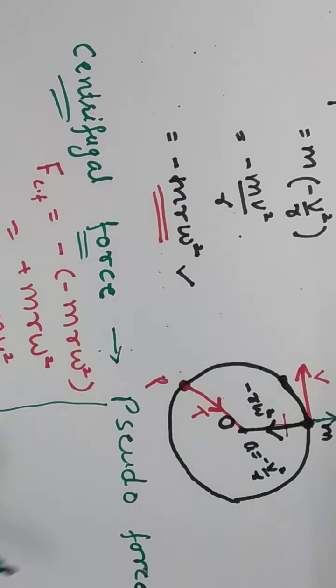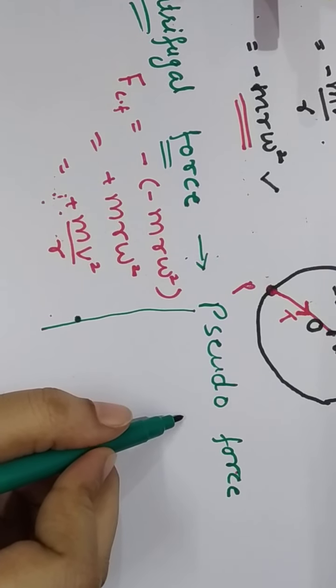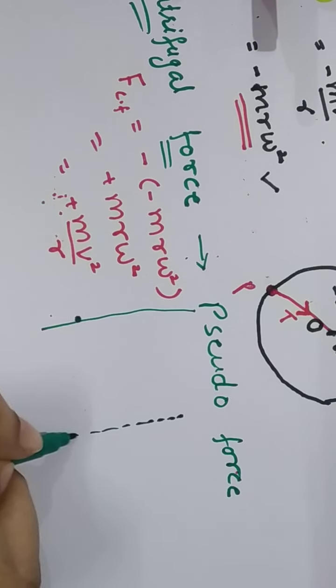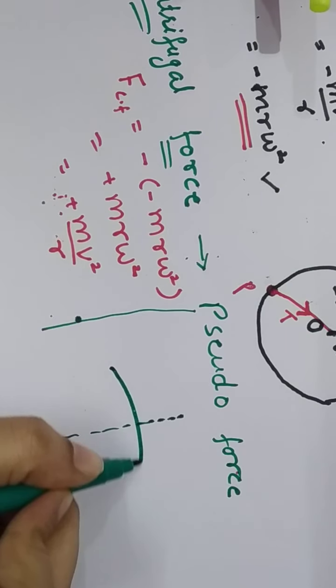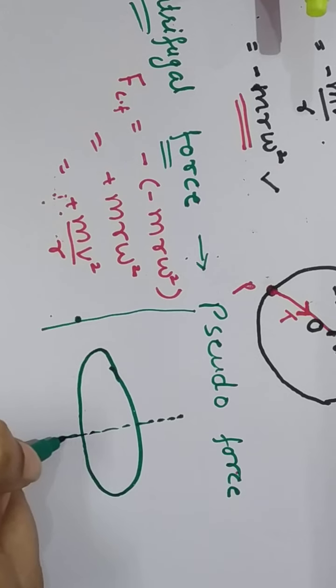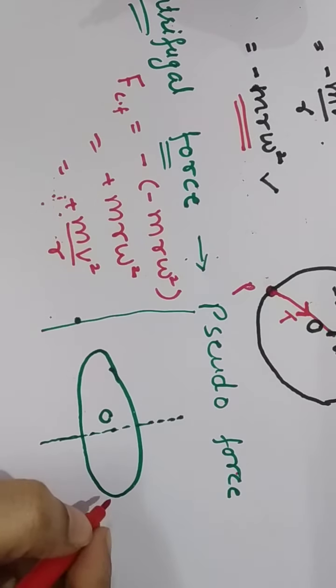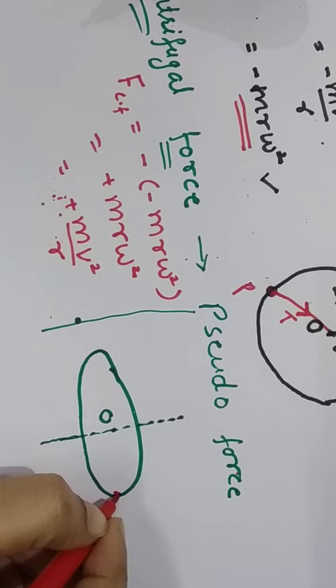For example, consider a turntable. It is rotating about the axis which is passing through its center and perpendicular to its plane. And suppose you are the observer sitting at this particular position.